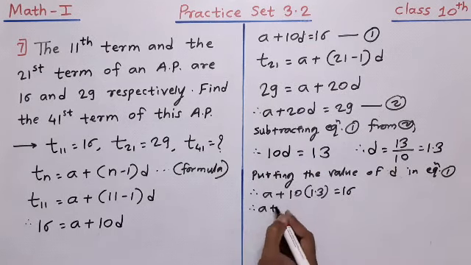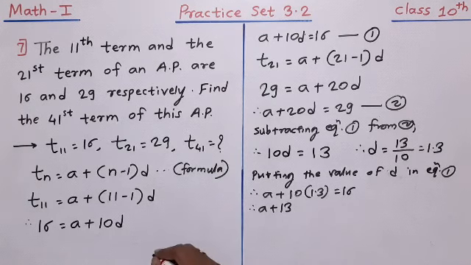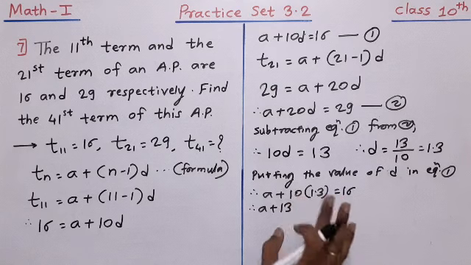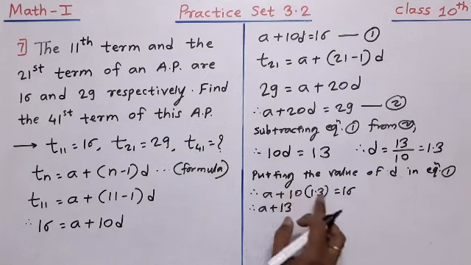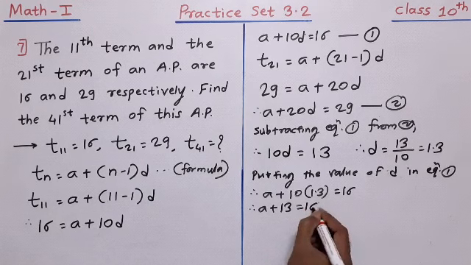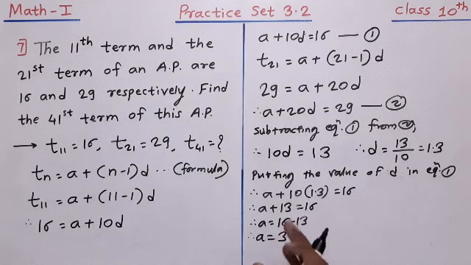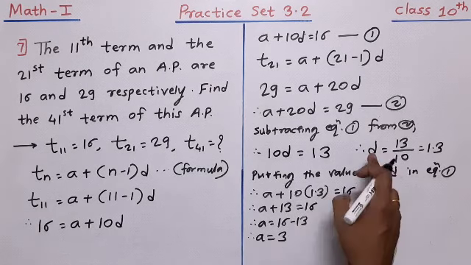Therefore, a plus 10 into 1.3, it becomes 13. Just by doing the multiplication between 10 and 1.3, you get 13 is equal to 16. So a is equal to 16 minus 13. 13 is shifted to the right hand side, as it is plus here, it becomes minus. Therefore, a is equal to 16 minus 13, 3. This is the value of a and this is the value of d.